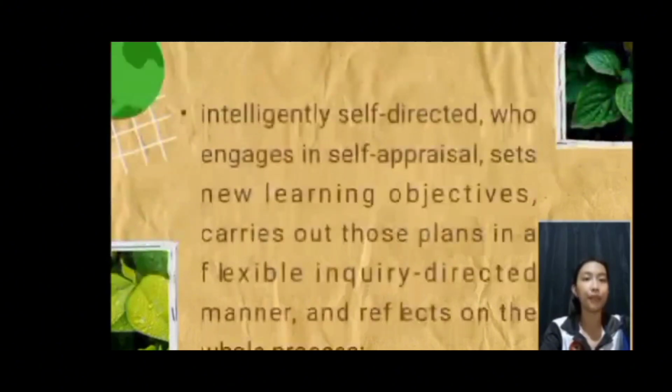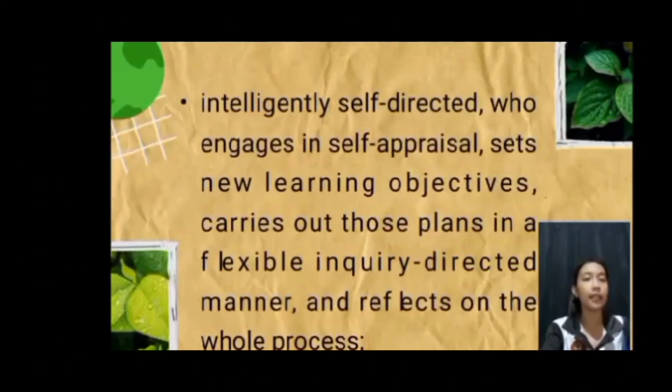The next one is the intelligently self-directed, who engages in self-appraisal, sets new learning objectives, carries out these plans in a flexible, inquiry-directed manner, and reflects on the whole process. Self-appraisal is an act or instance of evaluating one's own worth, significance, or status.